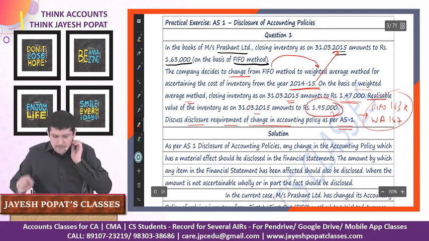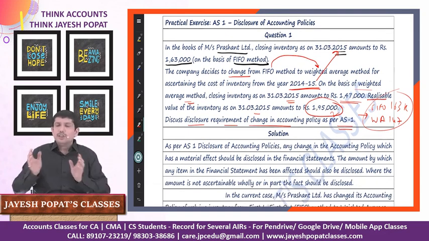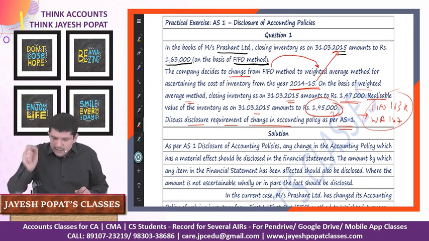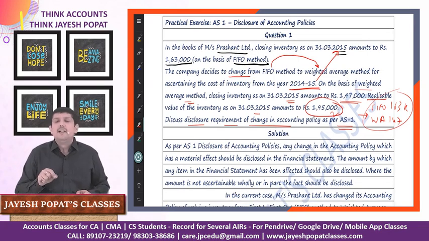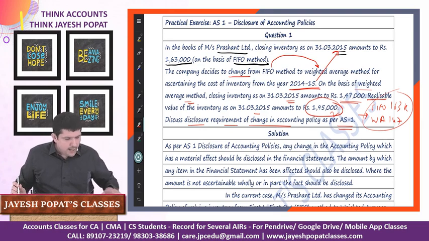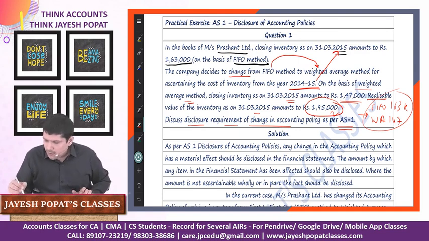So see, in this case, there is a change in the accounting policy because earlier it was following FIFO, now it is following weighted average. So if there is a change and if that has a material effect in the current period, and here in this case we also know the difference in the amount, because the value as per FIFO is 163 and as per weighted average is 147.